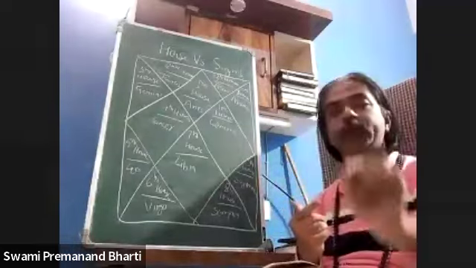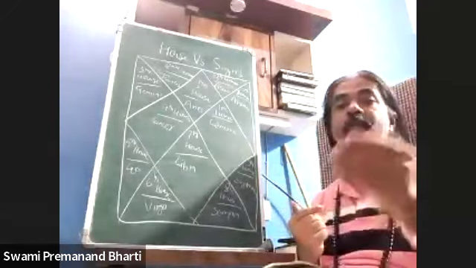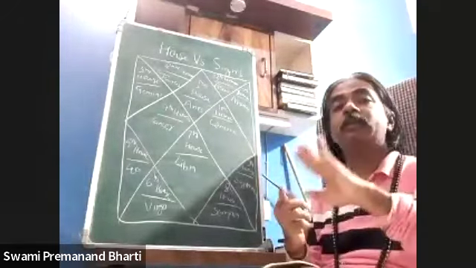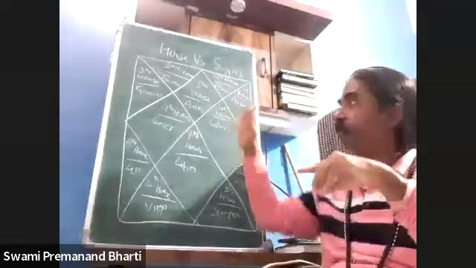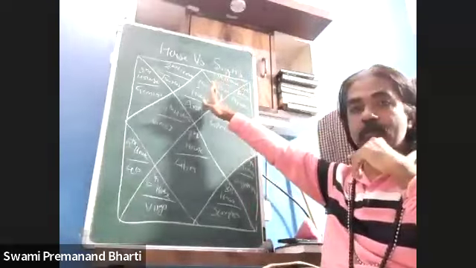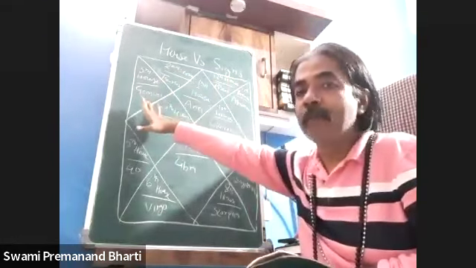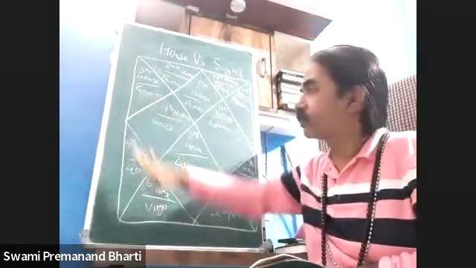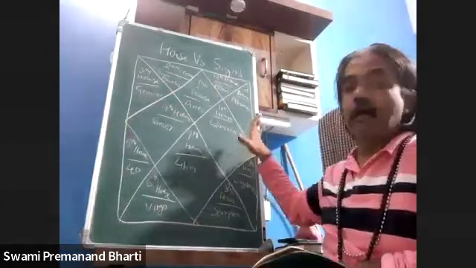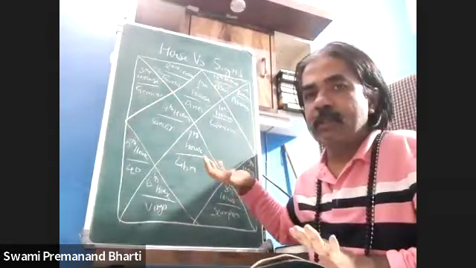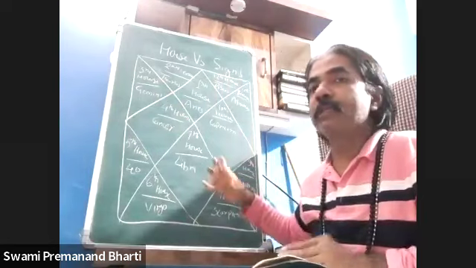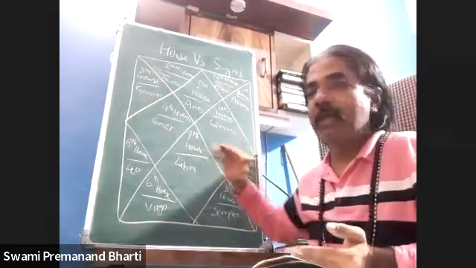But I cannot transfer my individuality to you, neither can you. This is why houses remain permanent. In every chart, this remains the first house, this remains the second house, this remains the third house, and likewise. So houses are not going to change their sequence, but signs will change.